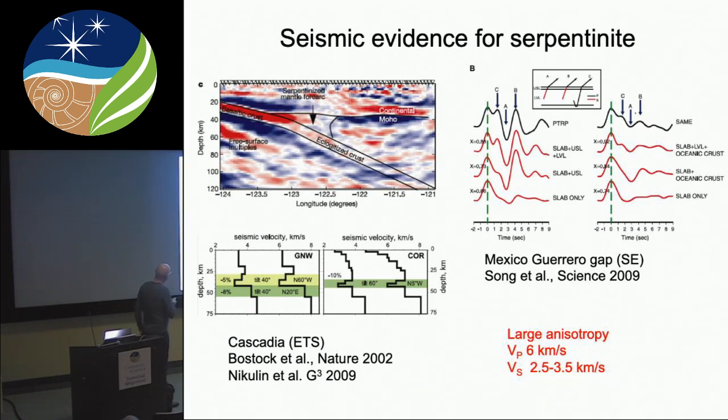Other detailed studies have shown that on top of the subducting slab, you can see some specific layers with low velocities and also very large anisotropies. So this has been seen in Cascadia and also under Mexico. And these layers are 1 or 2 kilometers thick, maybe, and they are characterized by these very low velocities and very large anisotropies.